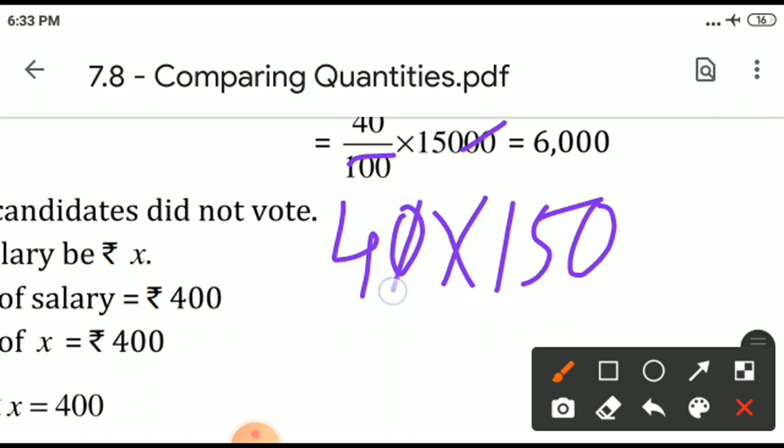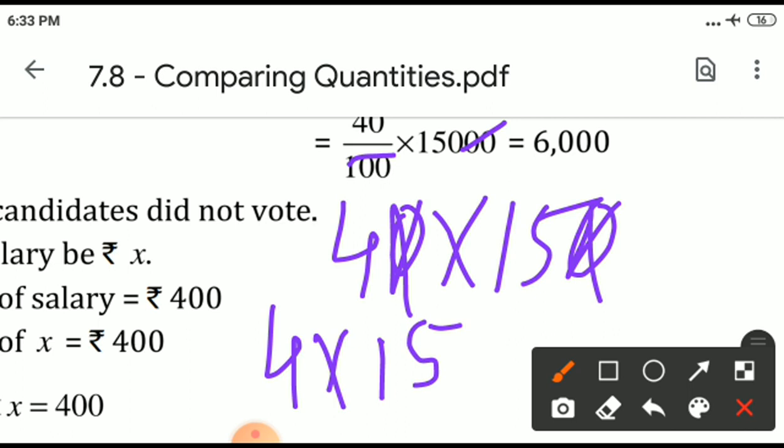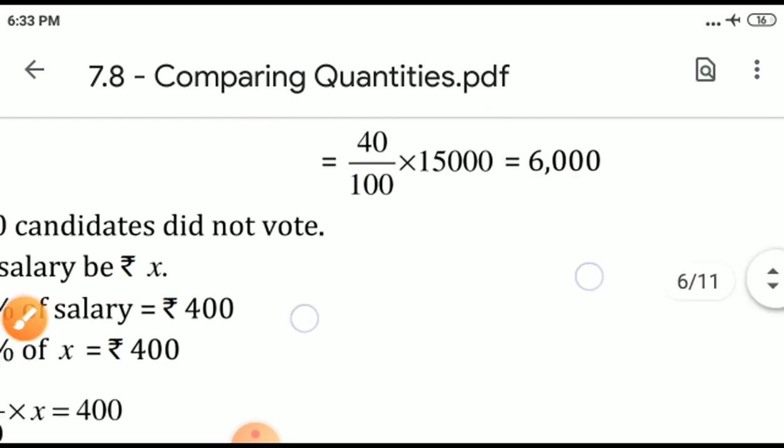Now you can see these pani puri cancel. You now have 4 into 15. 4 into 15 will give you 60. Now how many pani puri did you eat? You ate 2 at the end, so add 0, and one more 0. So the answer is 6,000. You remember this trick? I hope so.